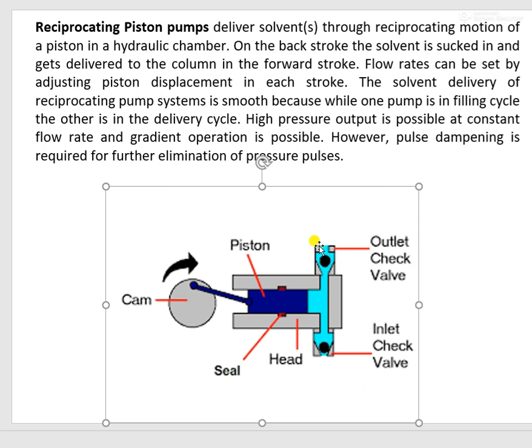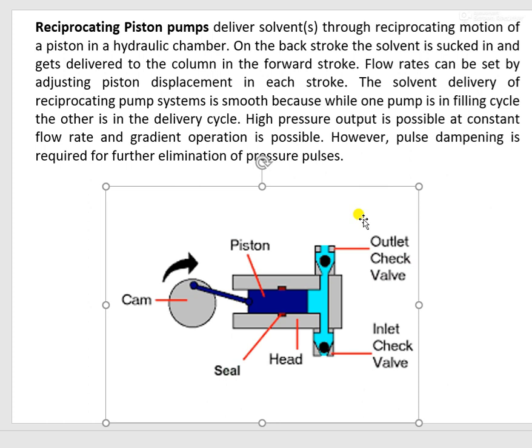And when the piston is moving forward, it is delivering. So there is a generation of pulse, because when it is filling, it is not delivering, and because of that there is a generation of pulse.